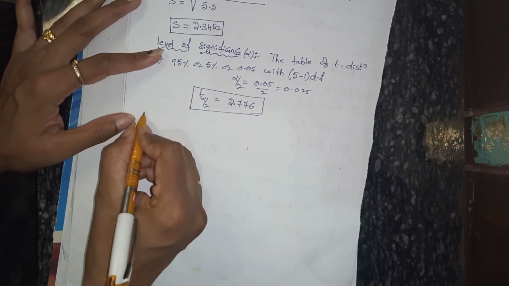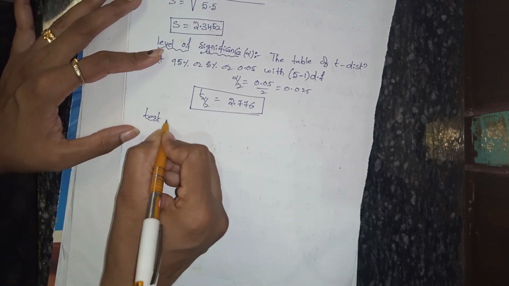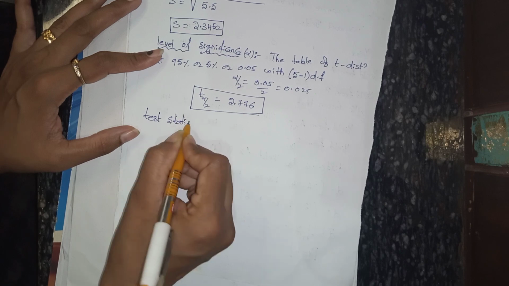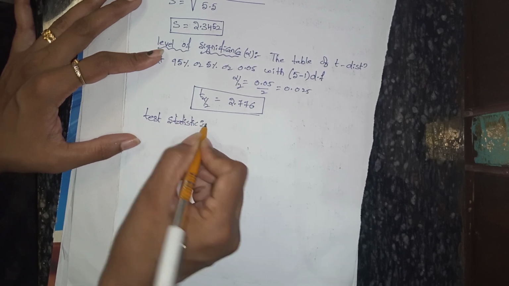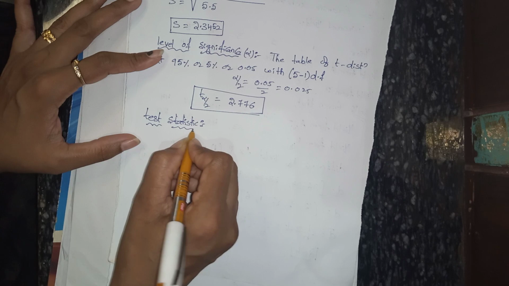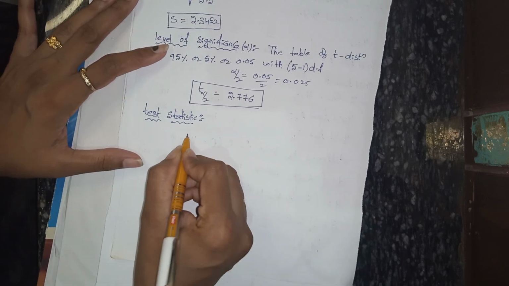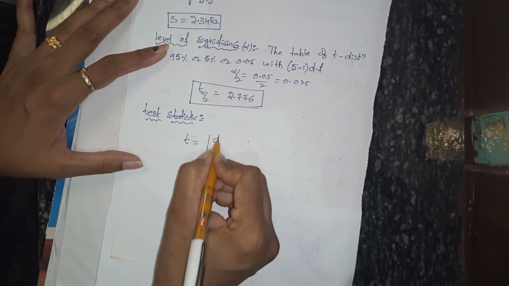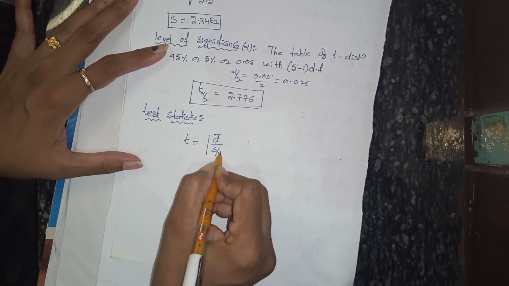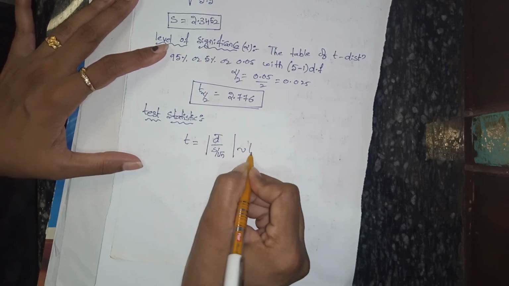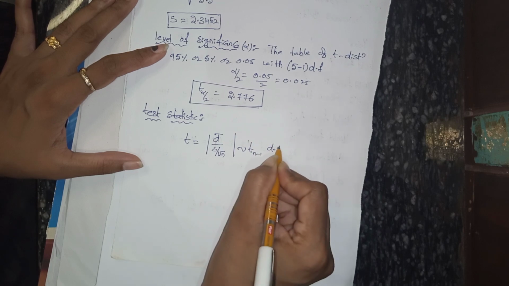Now the test statistic. Test statistic in the sense, nothing but the formula. Under the null hypothesis, it is T equals mod of D bar by S by root N, that follows T with n minus 1 degrees of freedom.